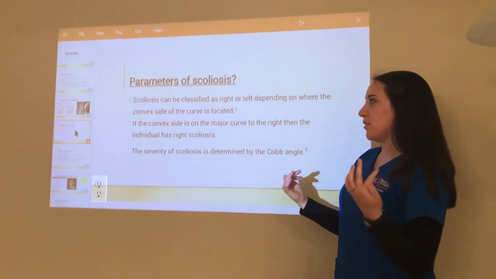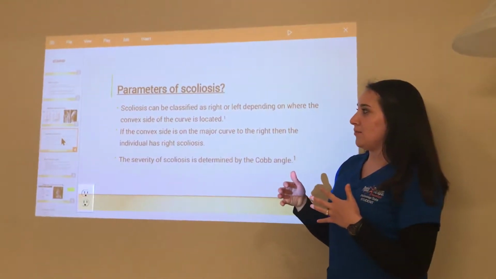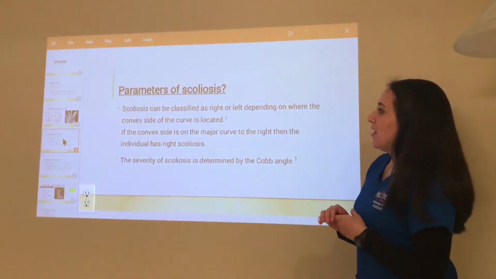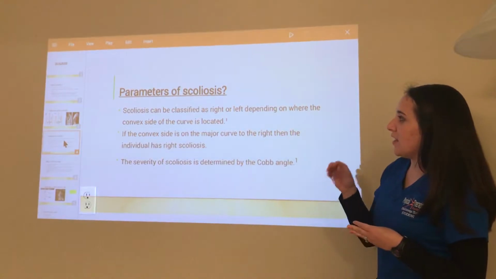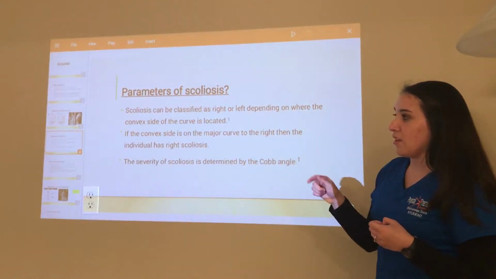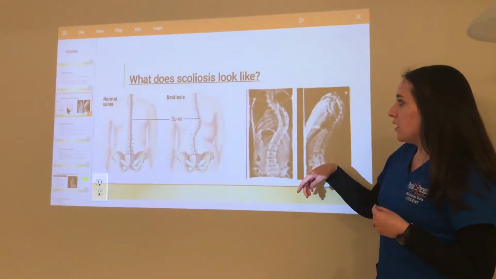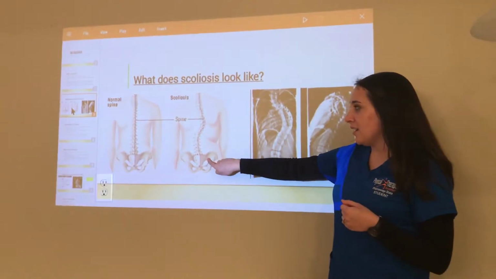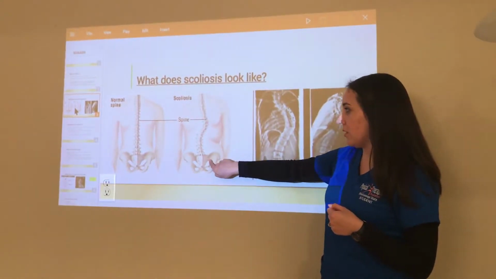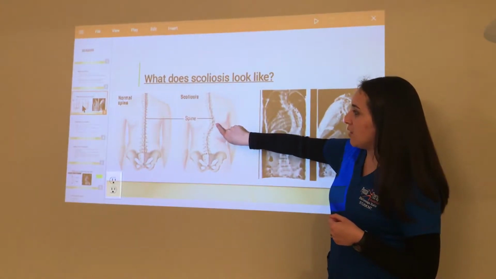So the parameter of scoliosis, like what is considered scoliosis. Scoliosis is classified as right or left depending on where the convex side of the curve is located. If you go back to that last slide, this would be a right scoliosis because the convex side is on the right side, and that is what signifies it.